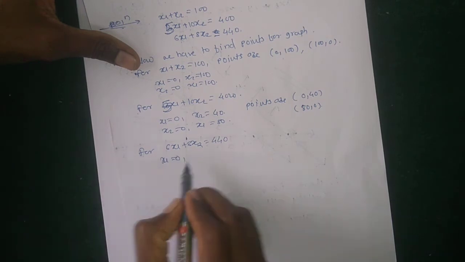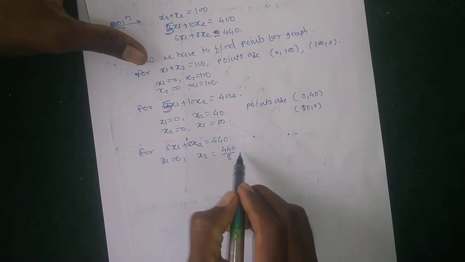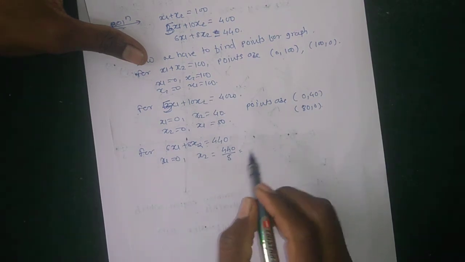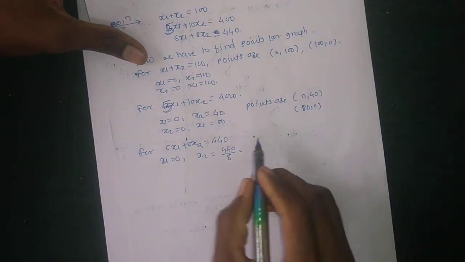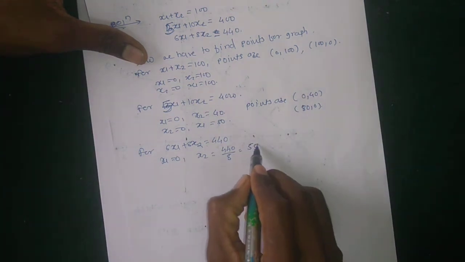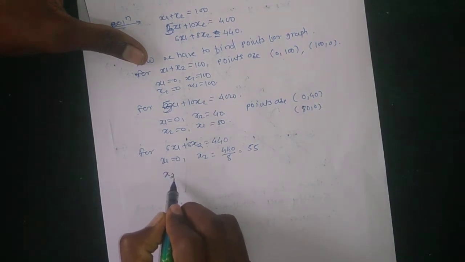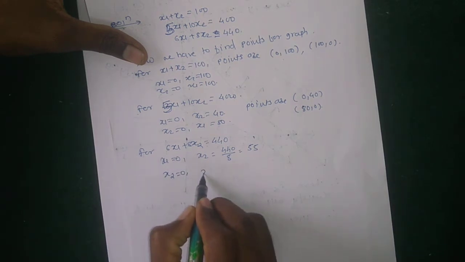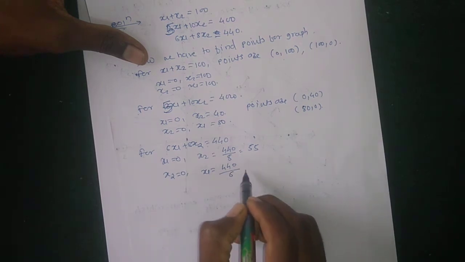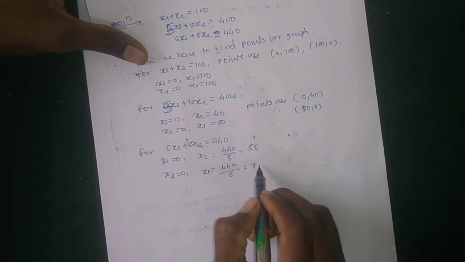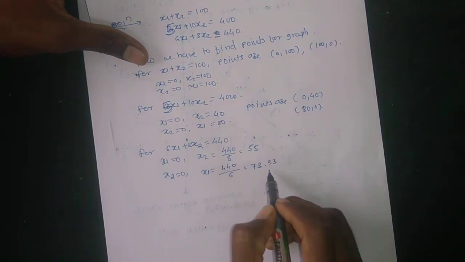When x1 is equal to 0, the value of x2 is 440 divided by 8, which is 55. Then when x2 is equal to 0, the value of x1 is 440 divided by 6, which is 73.33.